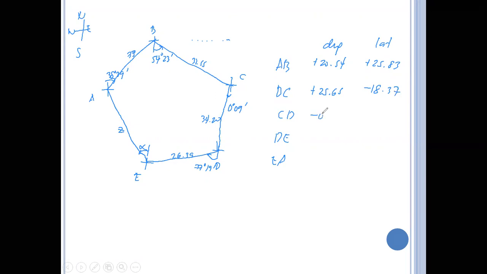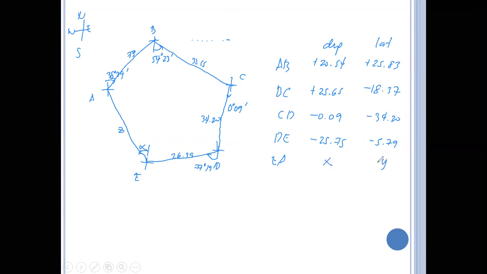Next line segment gives us negative 0.09, then 34.20, 25.75, 5.79.